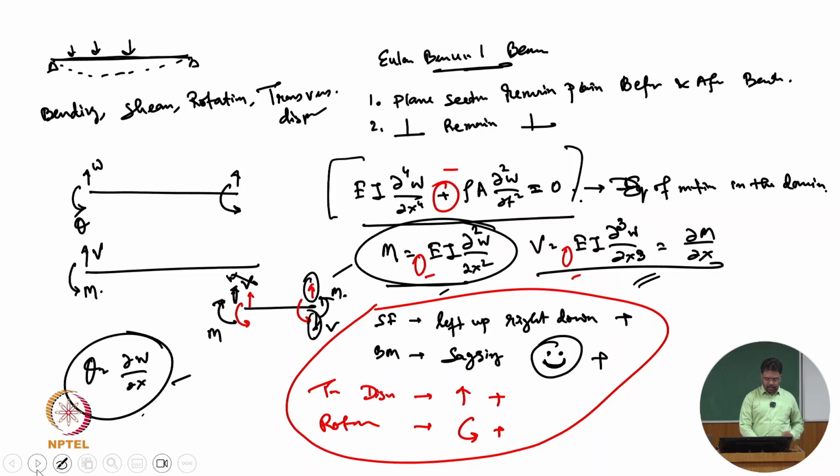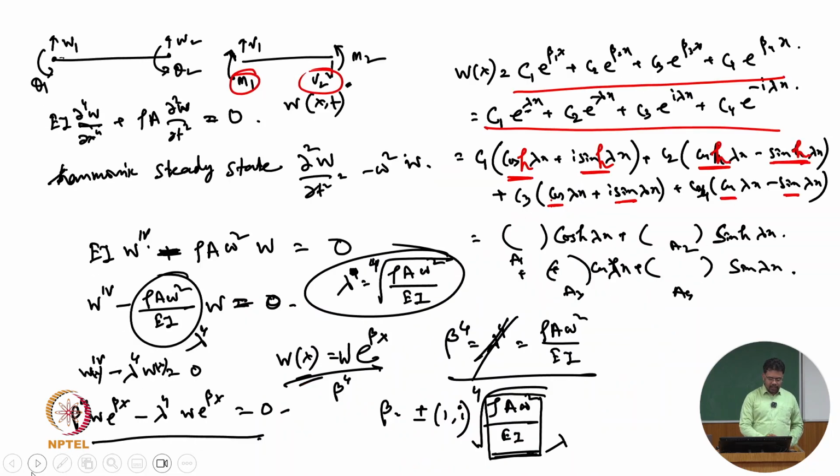We have defined the sign conventions. Then we started solving it using the principle of variable separation. Once we do that, we get the equation in terms of W. We resolve that full thing in terms of W.